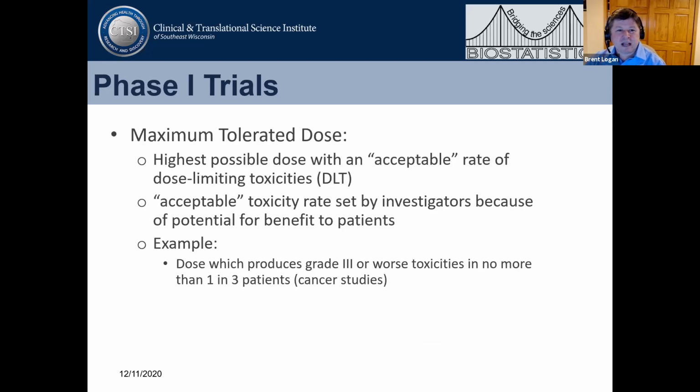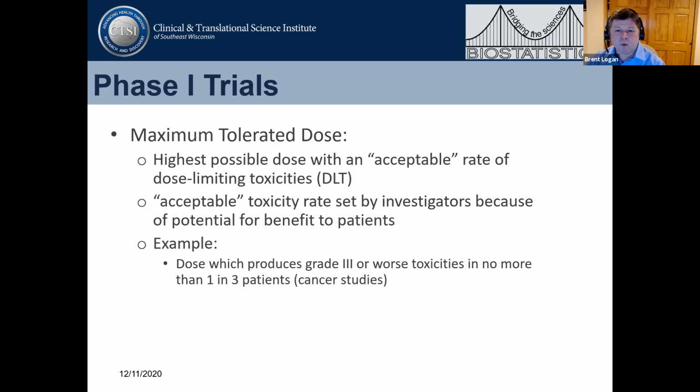So what is a maximum tolerated dose? This really is the highest possible dose that has what one might consider an acceptable rate of dose-limiting toxicities. Acceptable may be in the eye of the beholder, but an acceptable toxicity rate is something that's set by investigators because of a potential for benefit to patients.